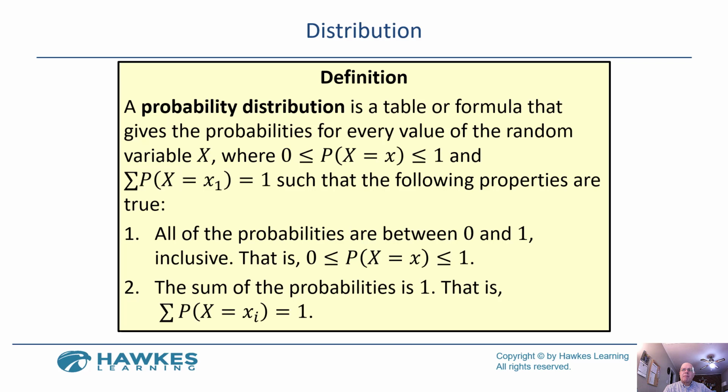Some things to remember. First of all, when you're looking at the individual probabilities, those probabilities are between 0 and 1, inclusive. They could be 0, could be 1, anything in between. Now, if you take all of them for a particular type of experiment and add them up, that's what sigma means, add them all up, you get a 1.